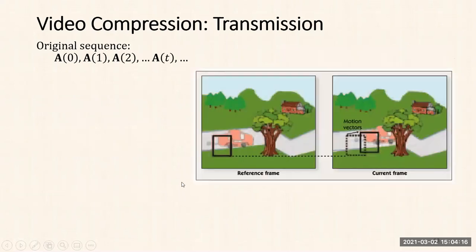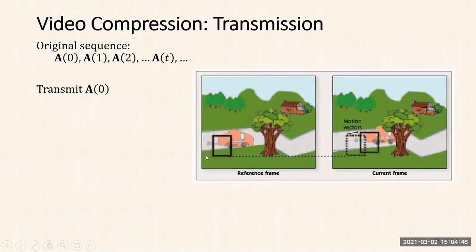Why do we take the difference images? Here are two frames: this is A0, and this is A_t for some other t equals 1, 2, 3, 4. The whole thing is basically the same. The only difference is this moving vehicle. So what will happen to the difference image?